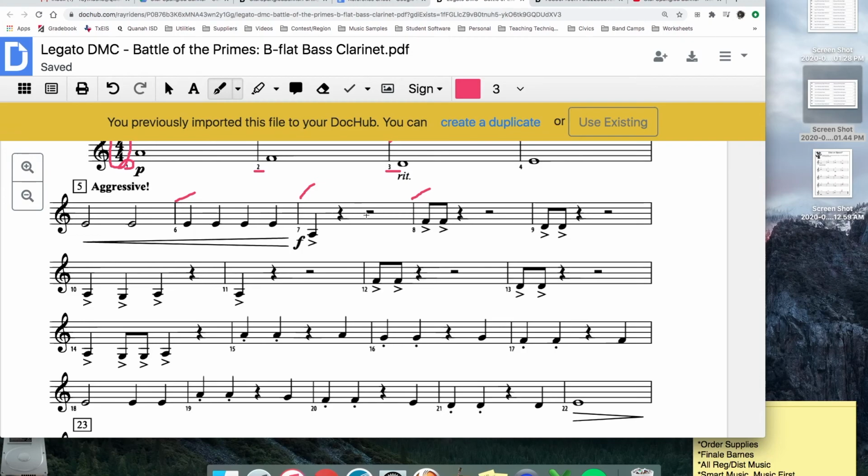So we're silent on beats 3 and 4. Let me say that again. We play on beat 1, and then we're silent on beat 2, and we're silent on beat 3, and we're silent on beat 4. And then the next measure we play something else. That is how a note and a rest work.